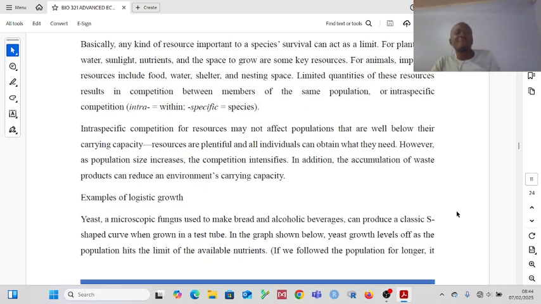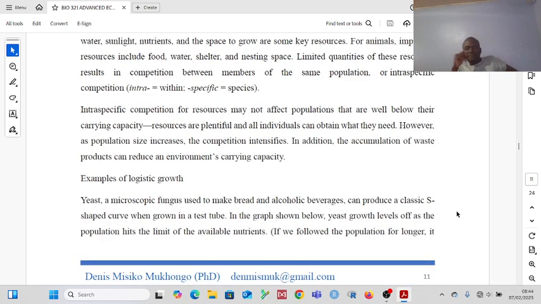So if there is enough of resources within a particular ecosystem, then it means the organisms present in that ecosystem will not have reached the carrying capacity. So in that case, there will be no competition.